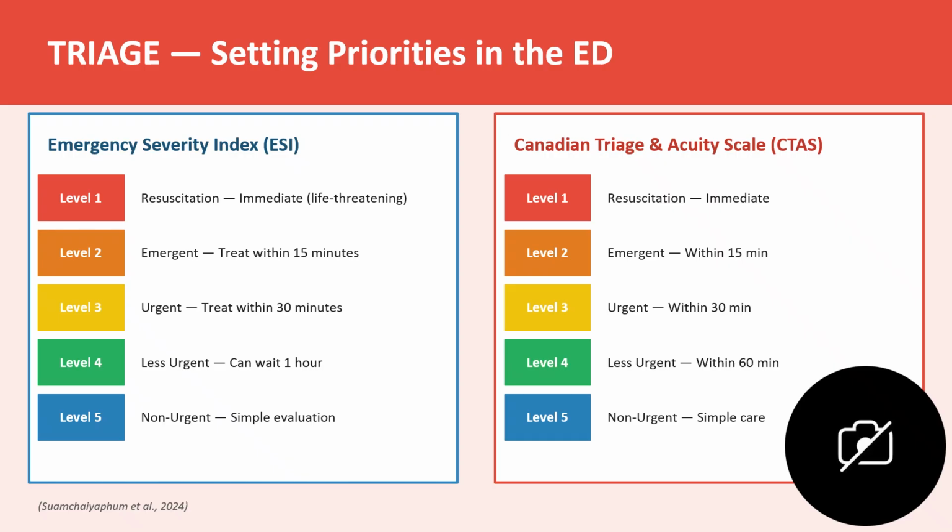For the Canadian triage scale, level 1 is resuscitation, just like ESI, level 2 is emergent within 15 minutes, level 3 urgent within 30 minutes, level 4 is less urgent within 60 minutes, and level 5 is non-urgent. We just provide simple care to the patient, and the patient can wait more than 60 minutes.